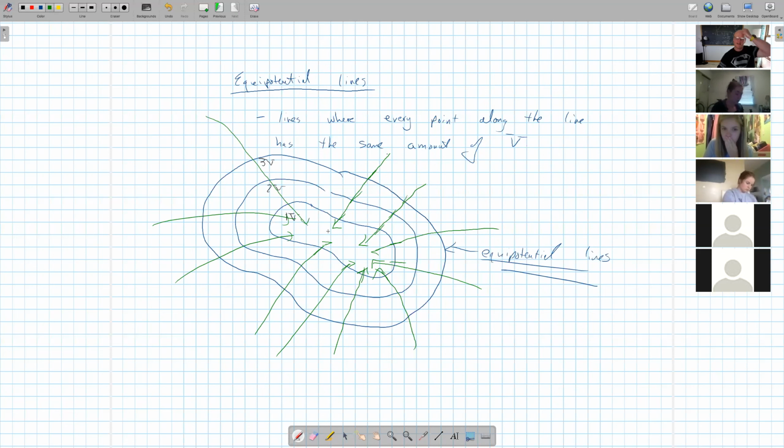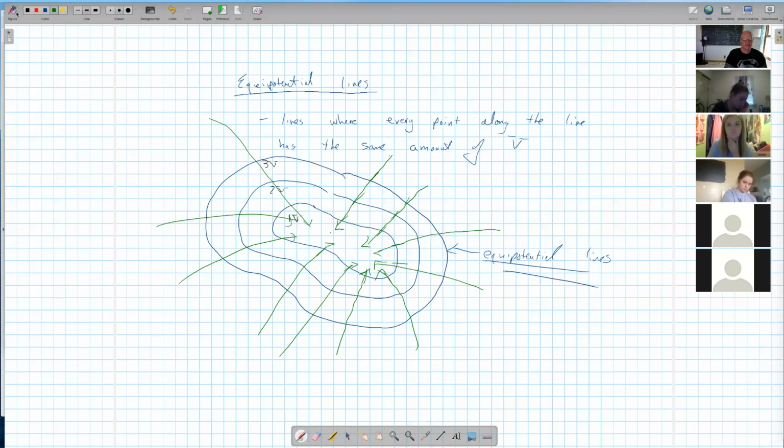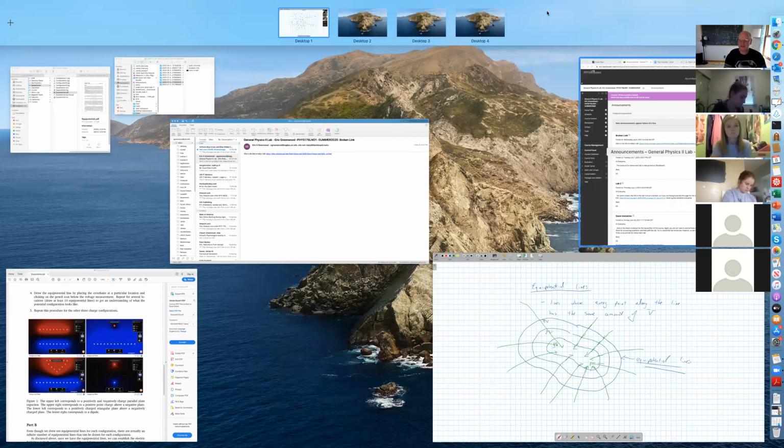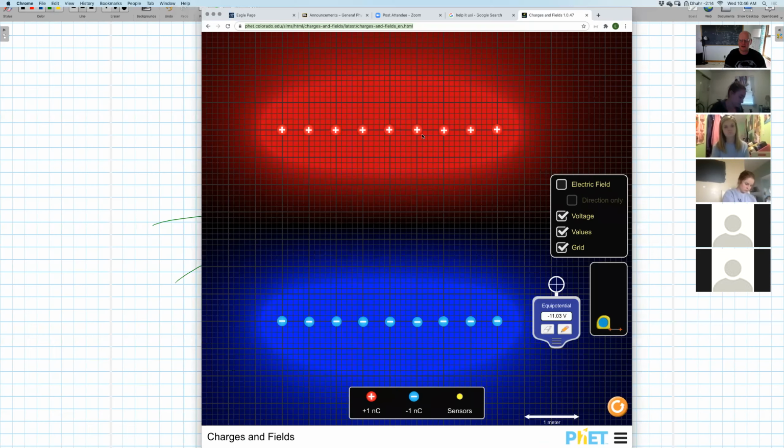Okay. So this is what we're basically going to be playing with in this lab. So what we're going to do is draw these particular shapes, the ones that are given here, but I already set one up. So this is going to represent what we call a parallel plate capacitor. So basically I have a plate down here which is negative charge and a plate up here which is positive charge.